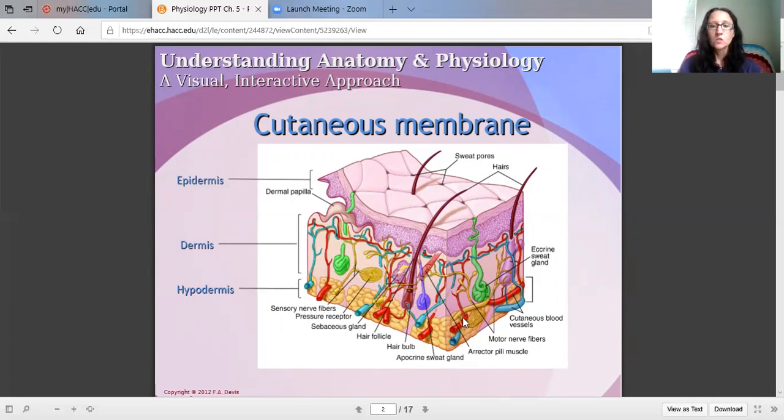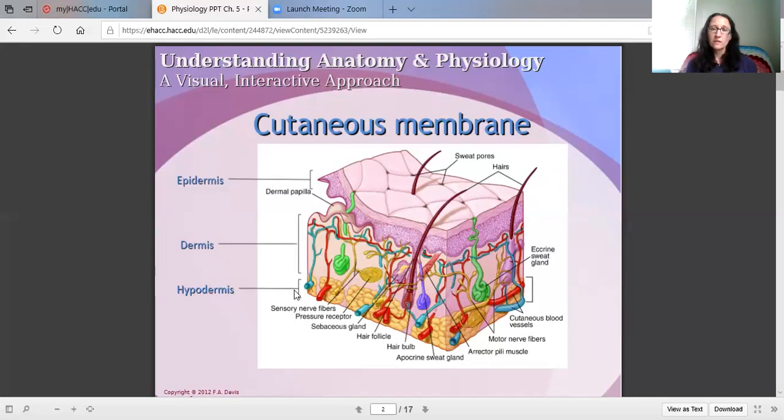Okay, so the cutaneous membrane having these three layers, nothing really happens in the epidermis. The dermis has a lot of stuff going on there, and then you have the hypodermis, which just means below. The hypodermis is actually areolar tissue, which means it's kind of loosely packed, and adipose tissue, which you know as fat.